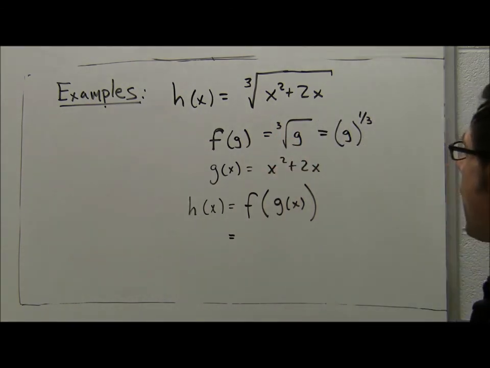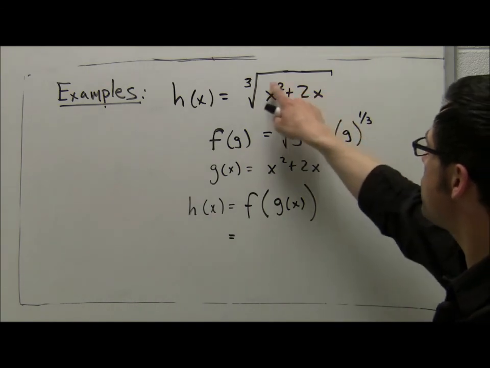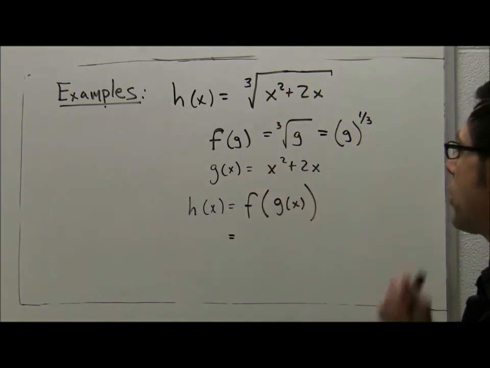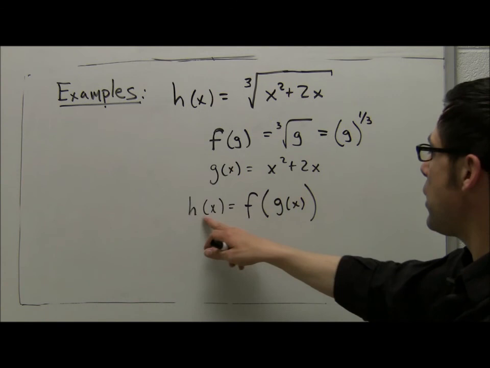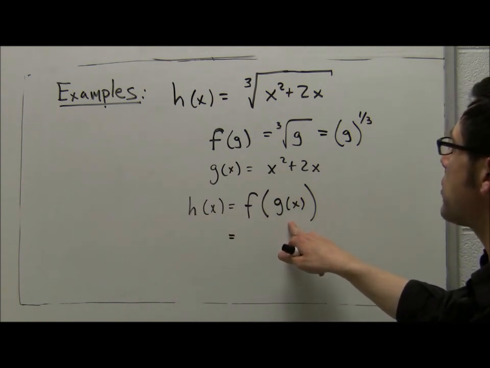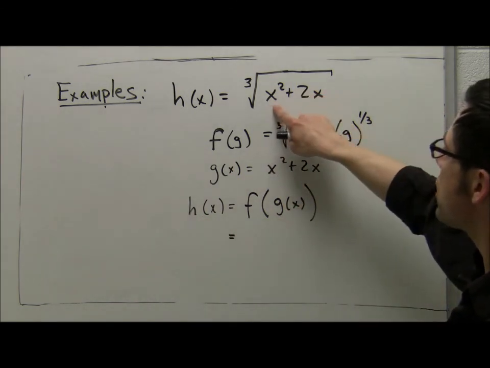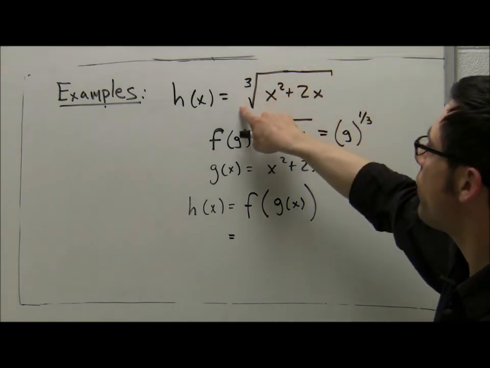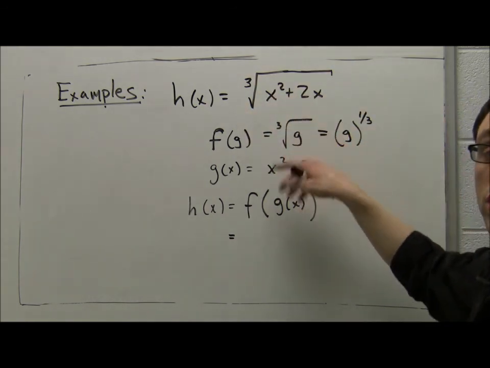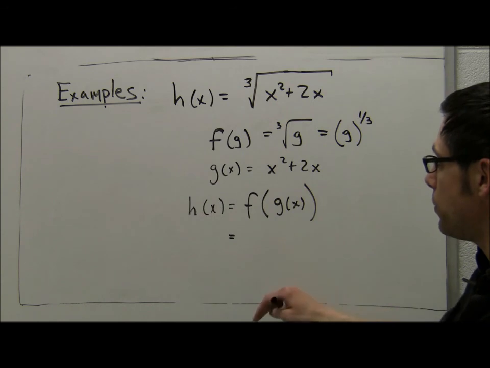And so I just think of this as my g. This is my function in here, which is g, which is a function of x. And h is actually just f of g of x, right? It's just g, which is x squared plus 2x, the cubed root of that. So hopefully you can see that this is really a chain rule.